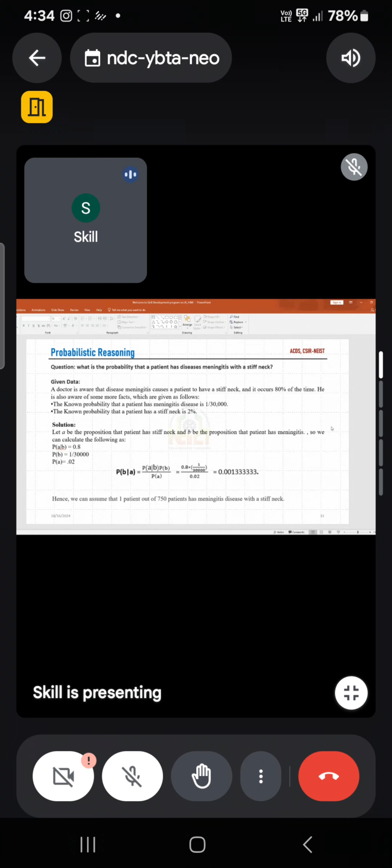So how can we calculate out of total how many patients have meningitis disease with a stiff neck?